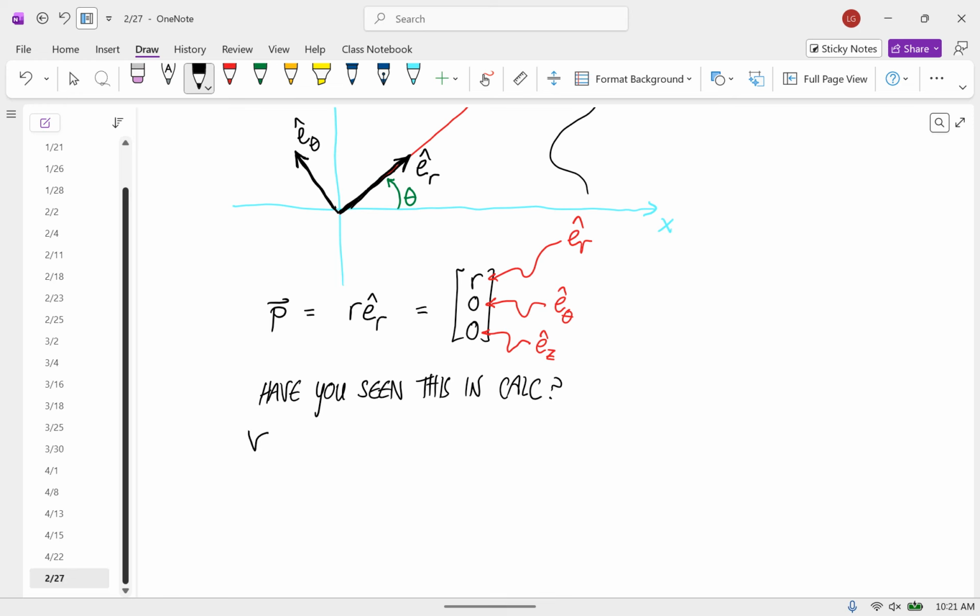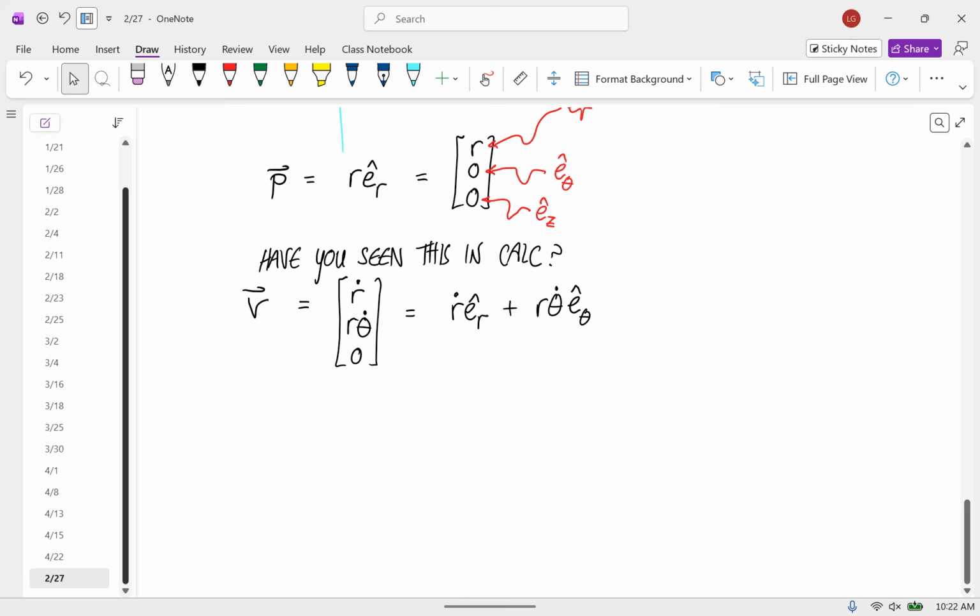That the velocity in a rotating coordinate system is equal to r dot, r theta dot, 0, or another way of writing that would be r dot times that ER axis plus r theta dot times that E theta axis. Does that look familiar to anyone? No? That might have been a thing that we used to get in the 1900s.